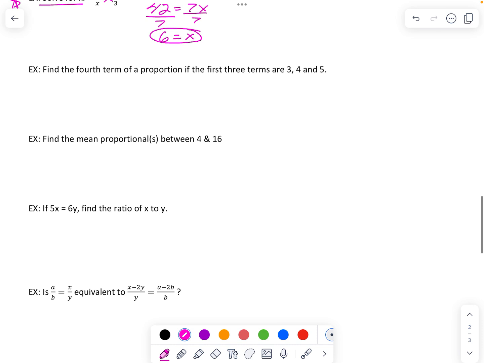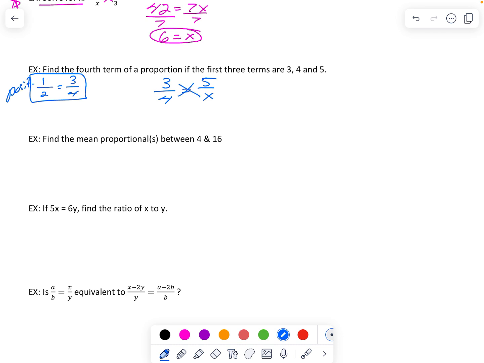Find the fourth term of a proportion if the first three terms are 3, 4, and 5. So remember, it goes 1, 2, 3, 4, right? Those are the positions. So we're going to have 3 over 4 equals 5 over x. That's what we're going to set up here.